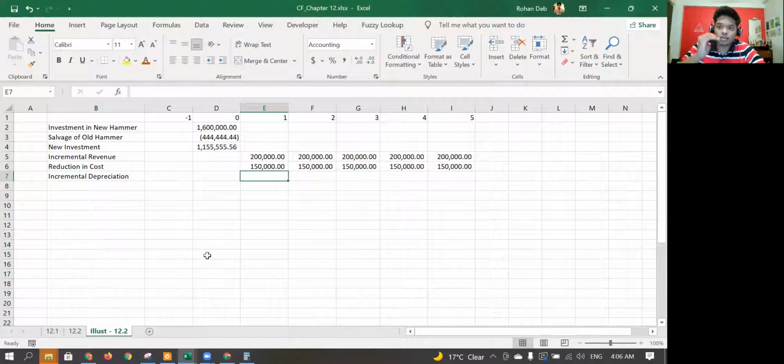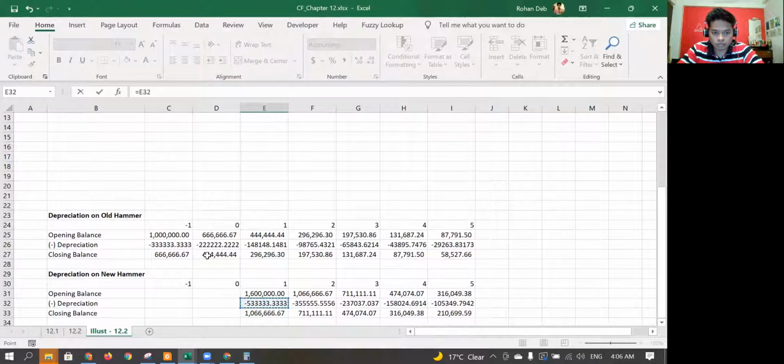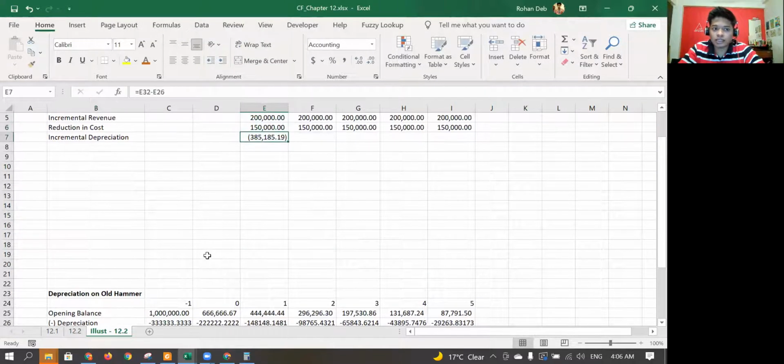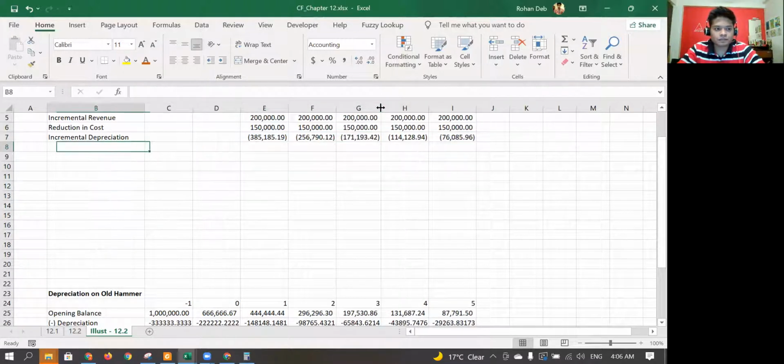Incremental depreciation is new depreciation minus old depreciation. So new depreciation is this one minus old depreciation. So this is my incremental depreciation. Depreciation would be a negative figure because it's a reduction, it's a cost.